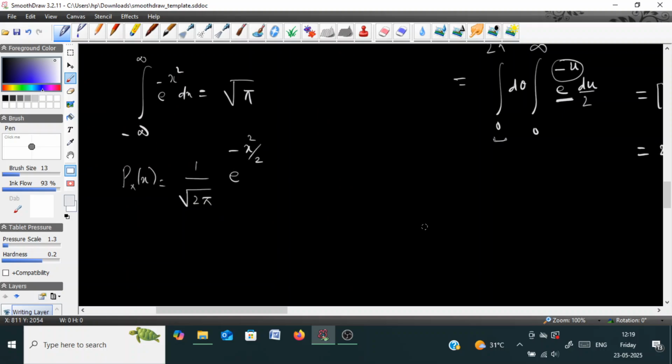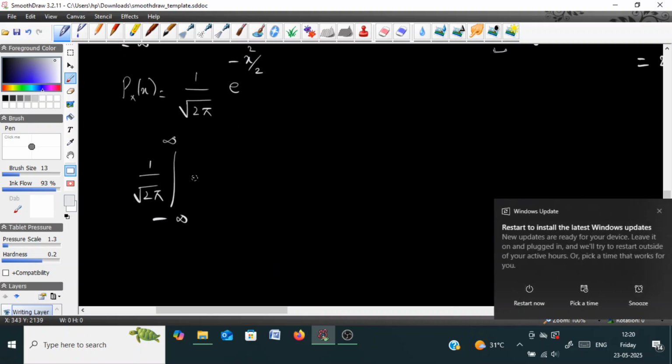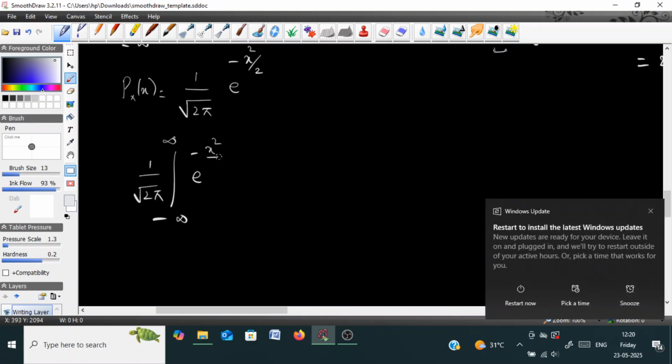And then you have to take the integral of this function. If you take the integral of this function from minus to plus infinity, you get e raised to power minus x square by 2 dx.